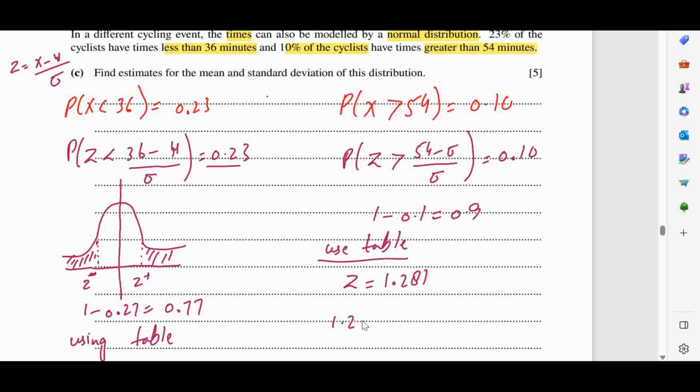So 1.281 is equal to 54 minus mu, whole divided by sigma. So this will be equation 2.